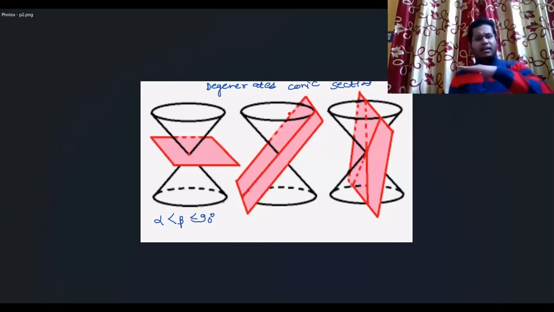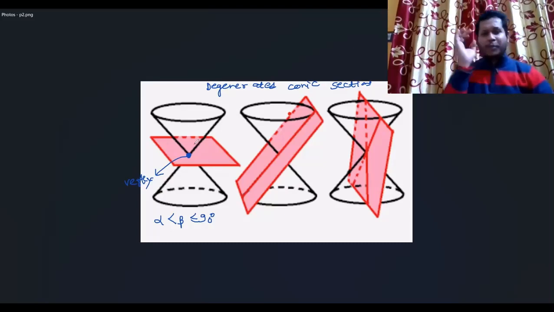As you can see, the intersecting plane is passing through the point of intersection, which I forgot to tell you before, is called the vertex. So if our intersecting plane passes through the vertex of the double right circular cone, then we get a point. The intersecting part will be only a point. So in this case, our conic section is just a point.